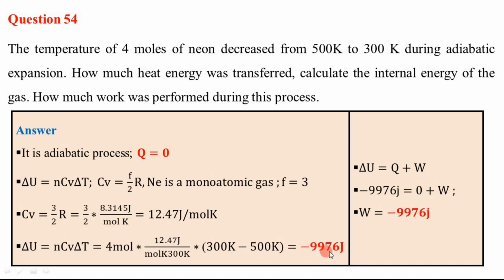The work done is negative because you have adiabatic expansion. When you have adiabatic compression, the work done is positive and internal energy is positive. What you need to know is that when you have an expansion, the temperature is decreasing.